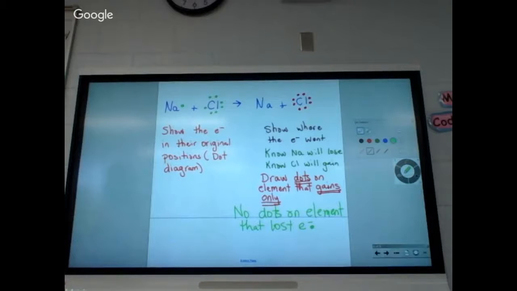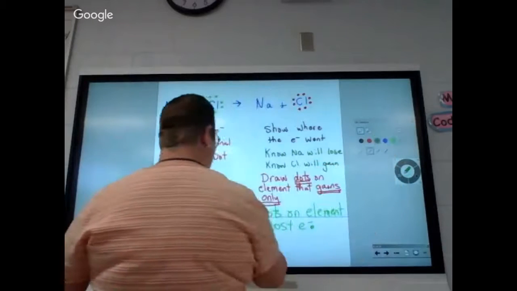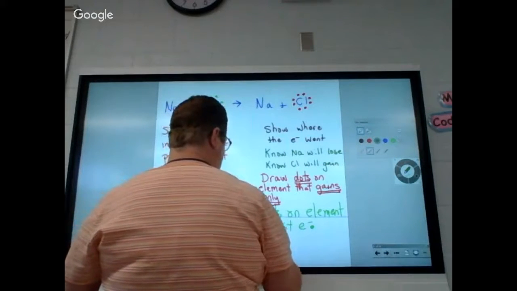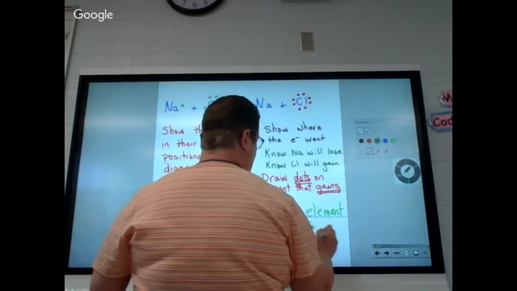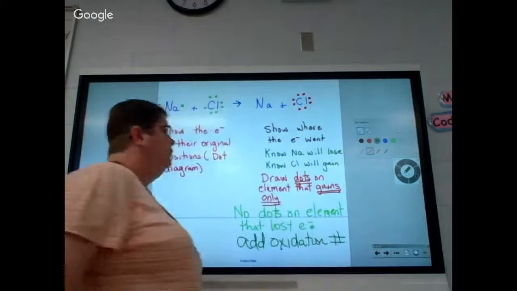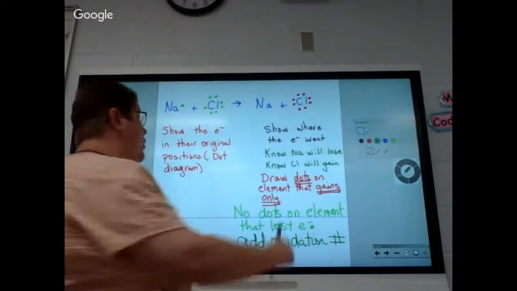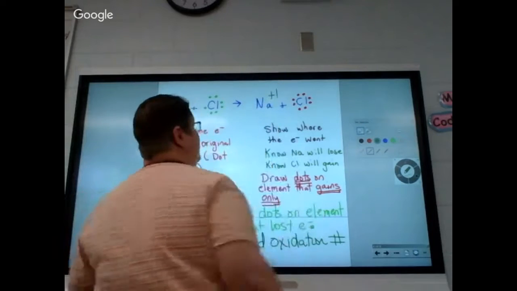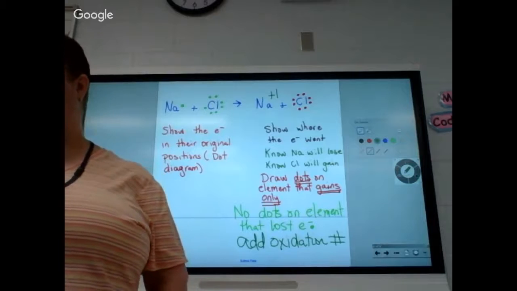But it's another word we need. Oxidation number. Yes. Okay. We're going to add the oxidation number. So what oxidation number will Na get if it lost one electron? +1. And what oxidation number will Cl get if it gained one electron?